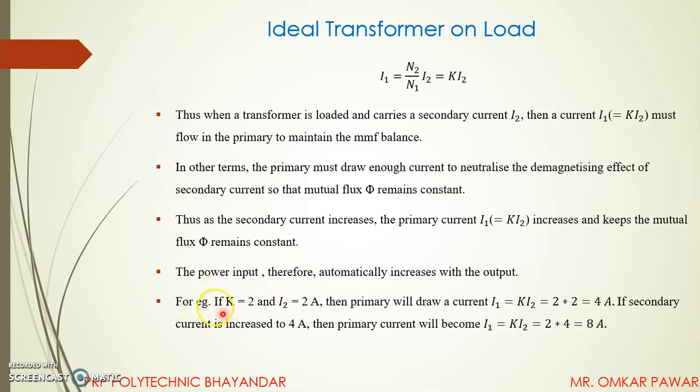For example, if K is equal to 2 and I2 is equal to 2 ampere, then the primary will draw a current I1 equal to K I2, that is 2 into 2 is equal to 4 ampere. If the secondary current is increased to 4 ampere, then the primary current will become I1 equal to K I2, that is 2 into 4, which is 8 ampere.